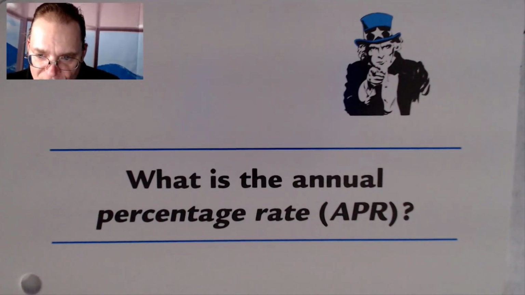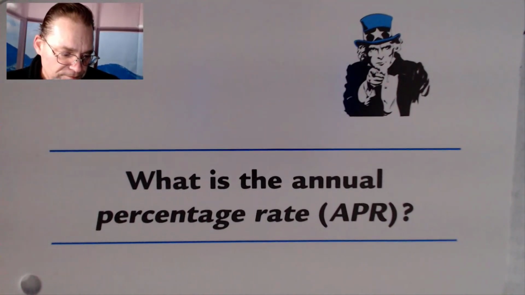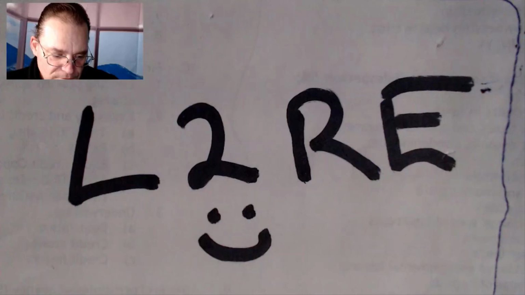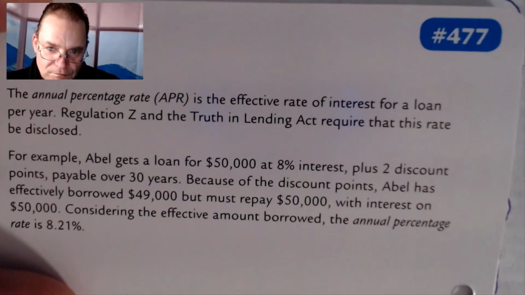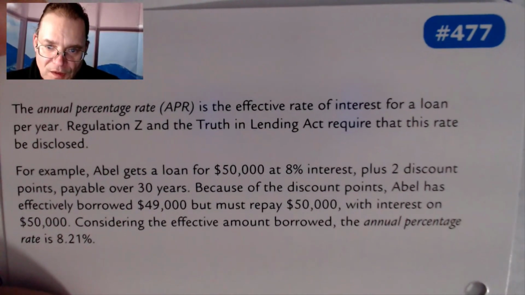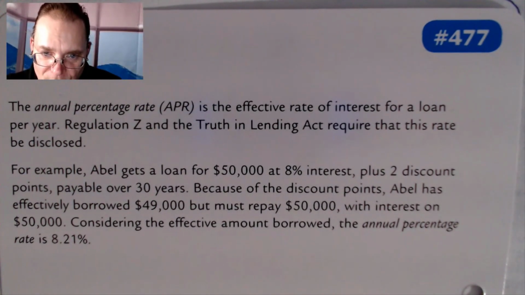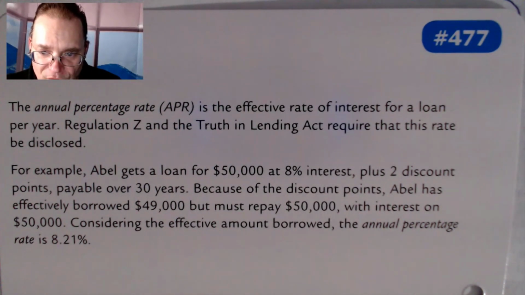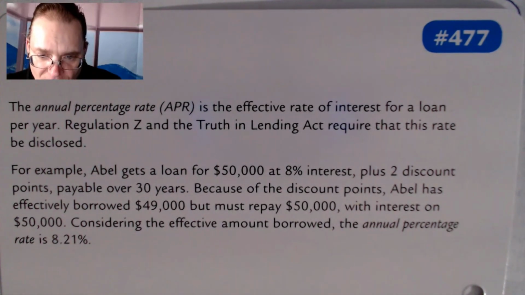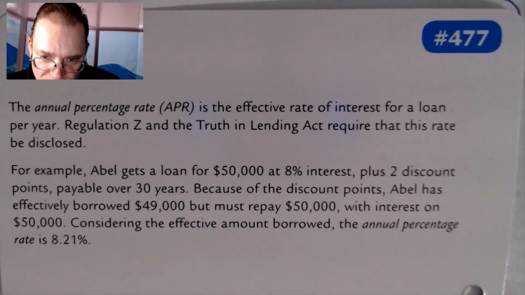What is the annual percentage rate? APR. Okay, the APR is an effective rate of interest for a loan per year. Regulation Z in the Truth in Lending Act required that this rate be disclosed. For example, Abel gets a loan for $50,000 at 8% interest plus 2 discount points, payable over 30 years.